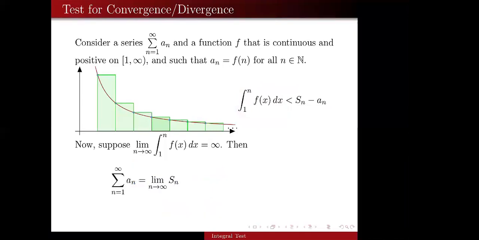So the sum of an as n runs from 1 up to plus infinity, by definition, is the limit of Sn as n approaches infinity. This is greater than the limit of the integral of f of x dx from 1 up to n plus a sub n in here.